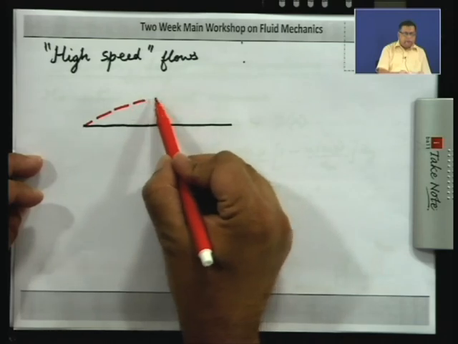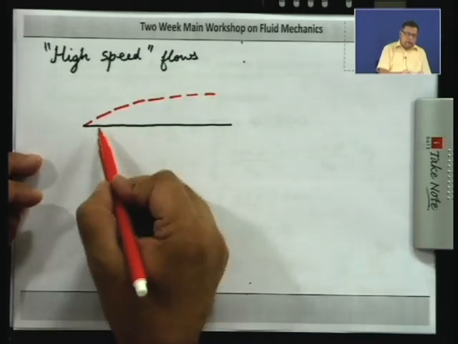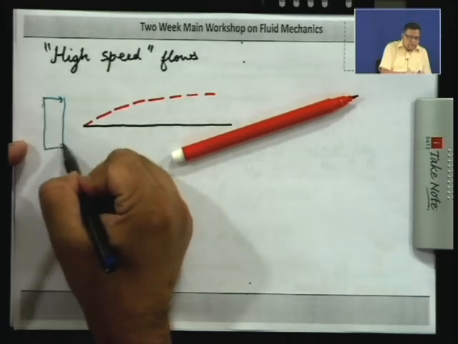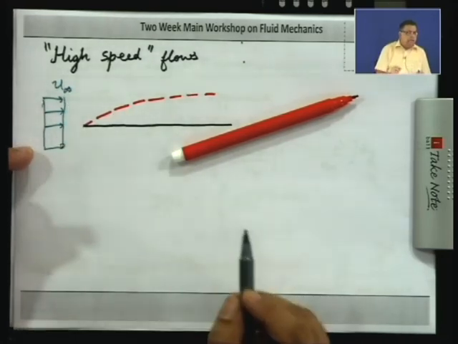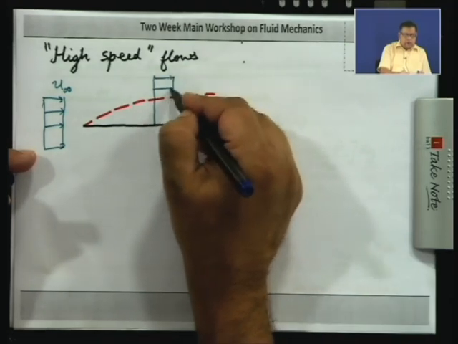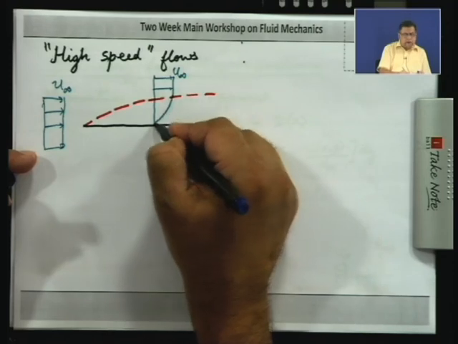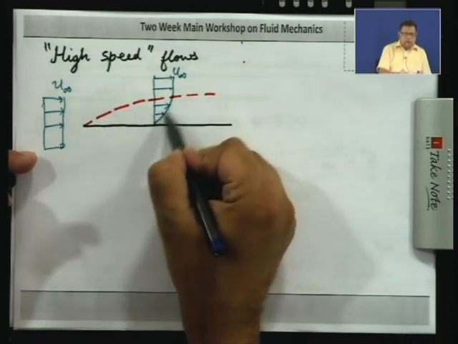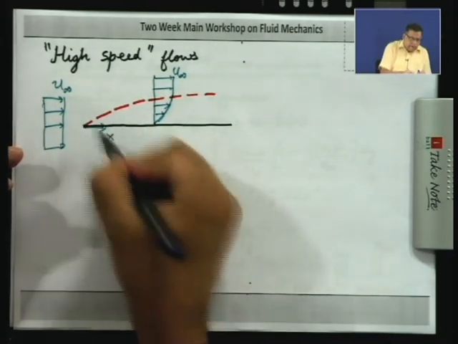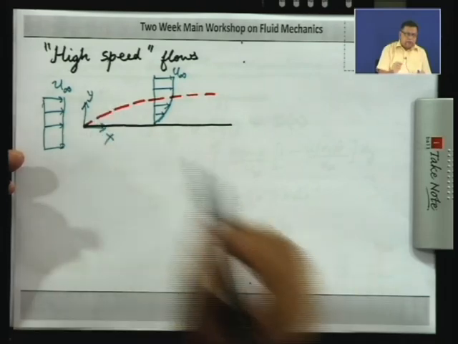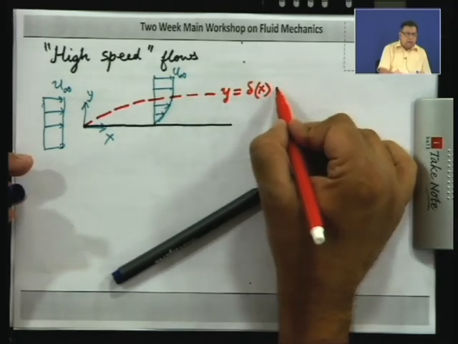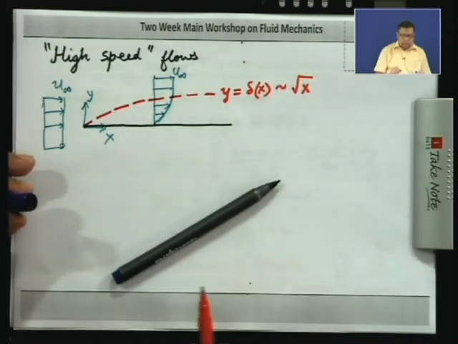If I indicate the edge of the boundary layer by this dotted line, we showed that if you have an upstream flow with a uniform speed u infinity, a typical profile here, if we assume is of the same form here, and then we have a gradient in this thin layer, so that it goes to 0, then if we put the origin here at the leading edge, x along the plate, y along the normal to the plate, then this edge of the boundary layer, which is y equal to delta of x, is like root of x. This is what we found yesterday.